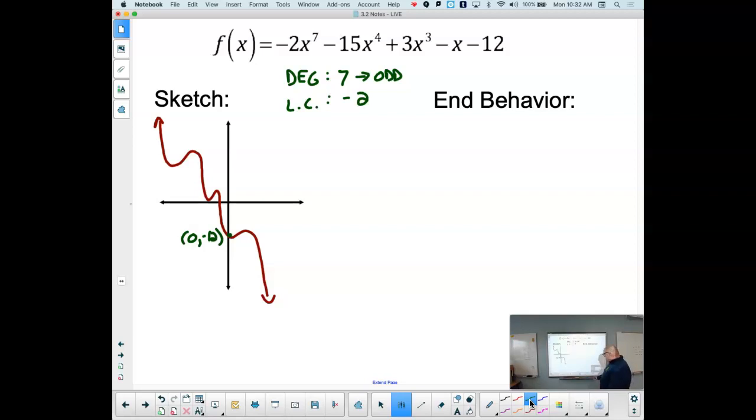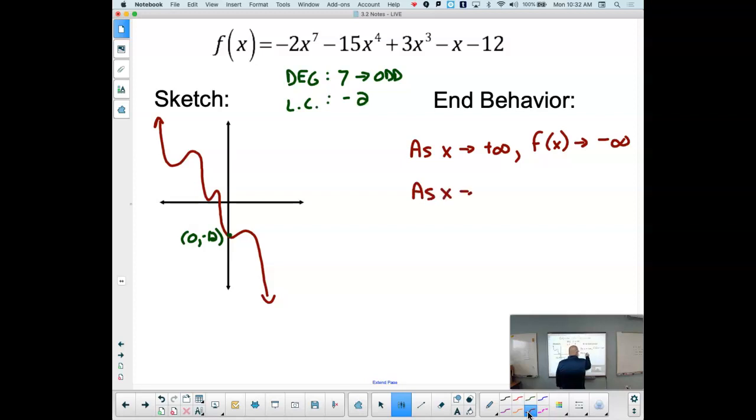Okay. My end behavior would be as x goes to positive infinity, f of x, which is the name of this one, is going right side, going down, so it is going to -infinity.